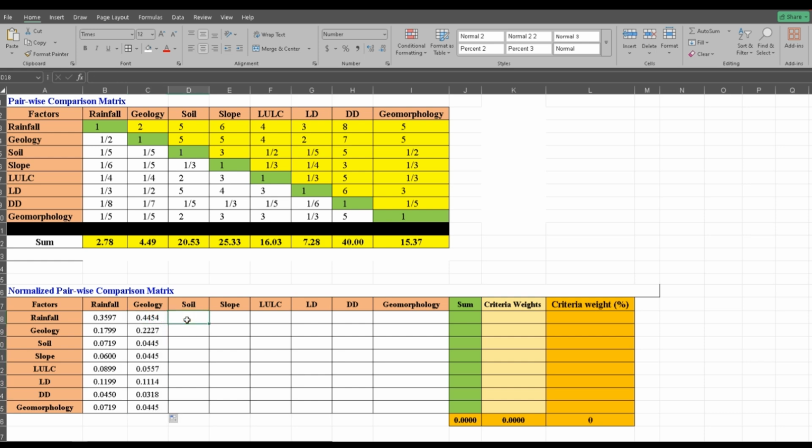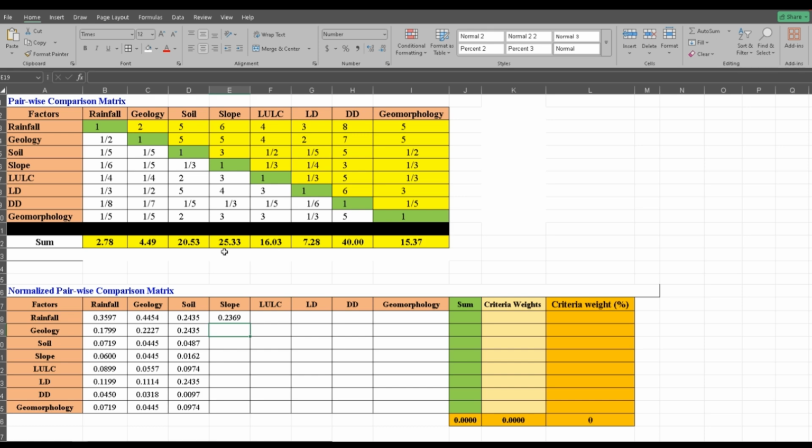Under the soil column, this value is equal to D3 divided by the sum of the soil column, which is 20.53. It is very simple and straightforward, therefore you can calculate easily. Again, for slope, the value for this cell is equal to E3 divided by the sum of the slope column, which is 25.33.